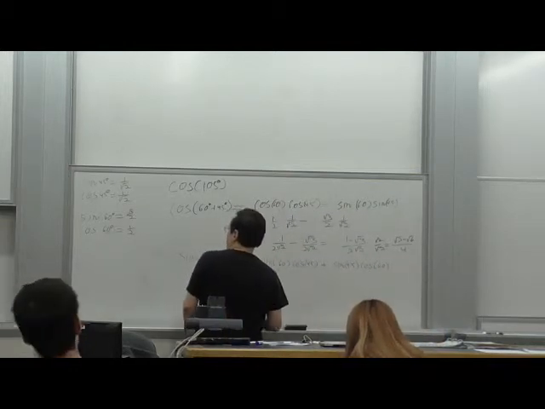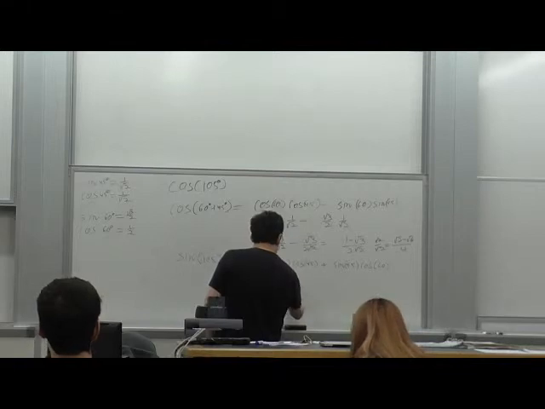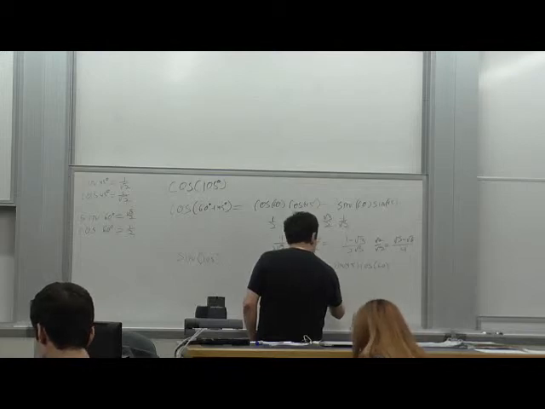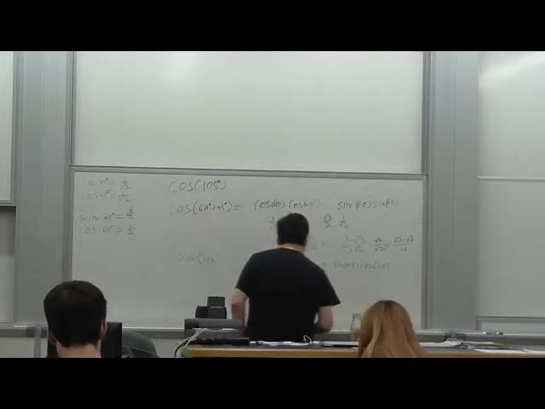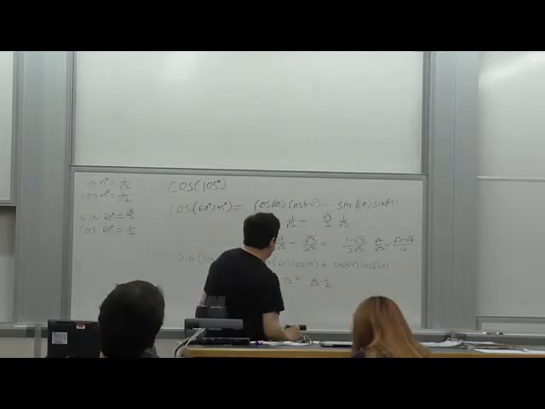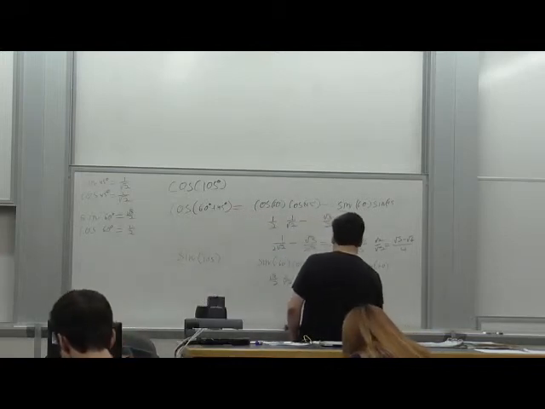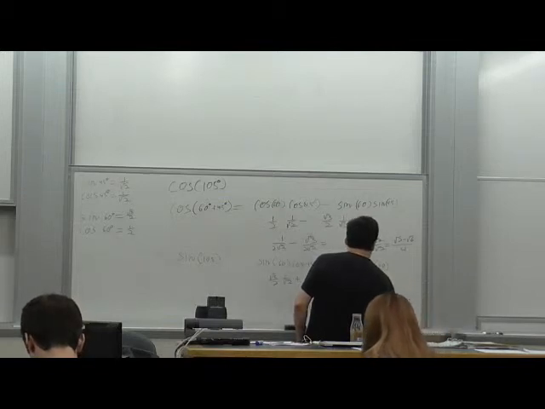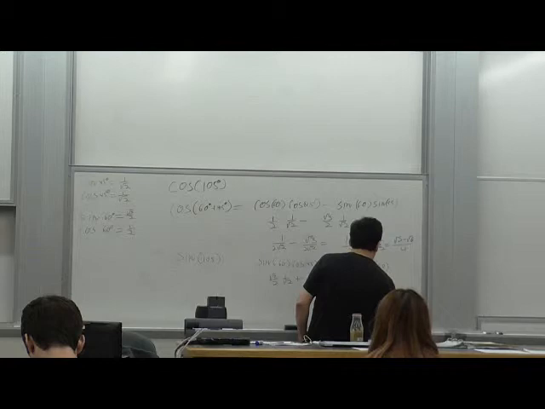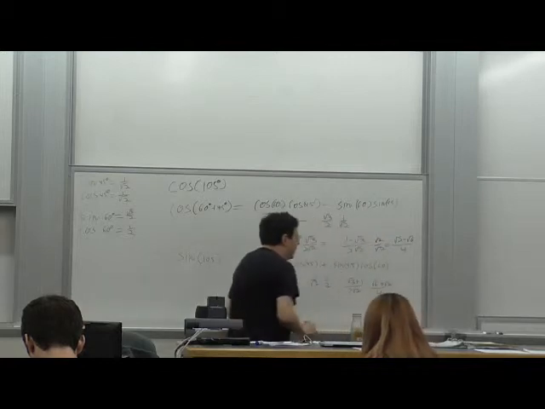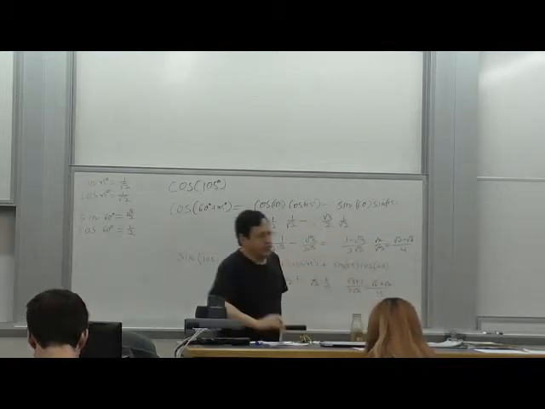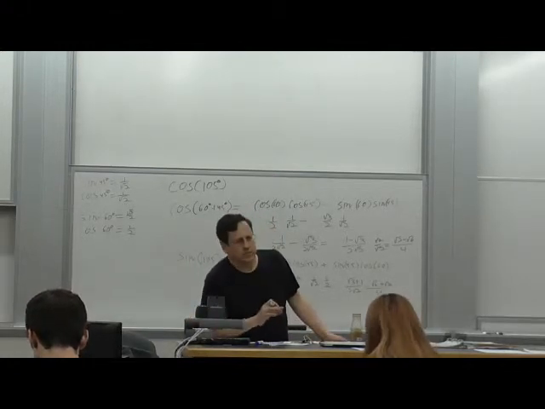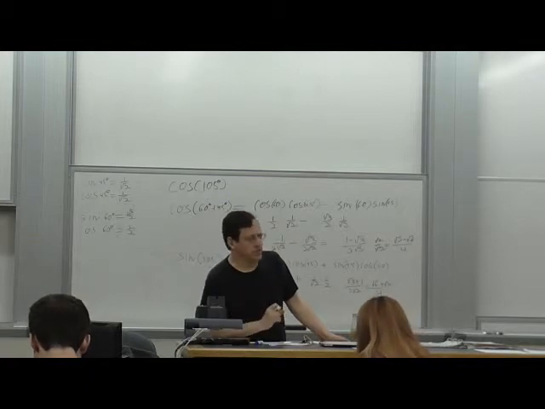Okay, so sine of 60, square root of 3 over 2, 1 over the square root of 2 plus square root of 2, 1/2. Kind of looks similar, doesn't it? Except it turns out a little different. Square root of 3 plus 1 over 2 square root of 2, or square root of 6 plus square root of 2 over 4. So all of a sudden, the range of things we can find exactly is increased a little bit.